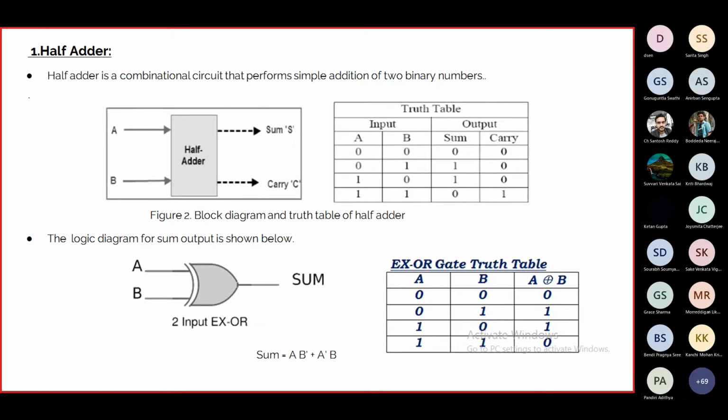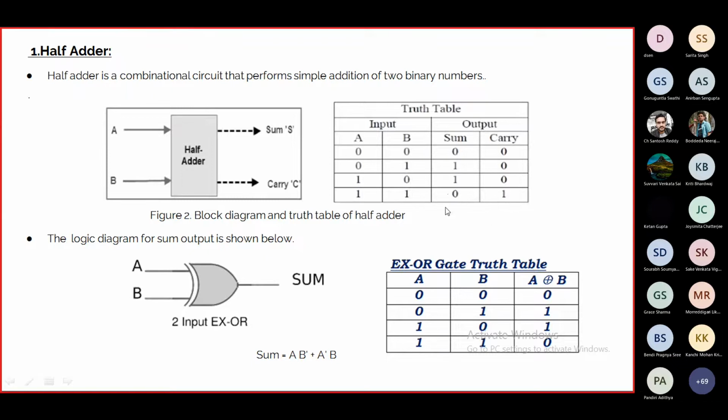Here in the truth table, when we take input 0 and 0, sum becomes 0 and carry becomes 0. When we take input 0 and 1, then sum becomes 1 and carry becomes 0. When you take input A as 1 and B as 1, then sum becomes 0 and carry becomes 1.